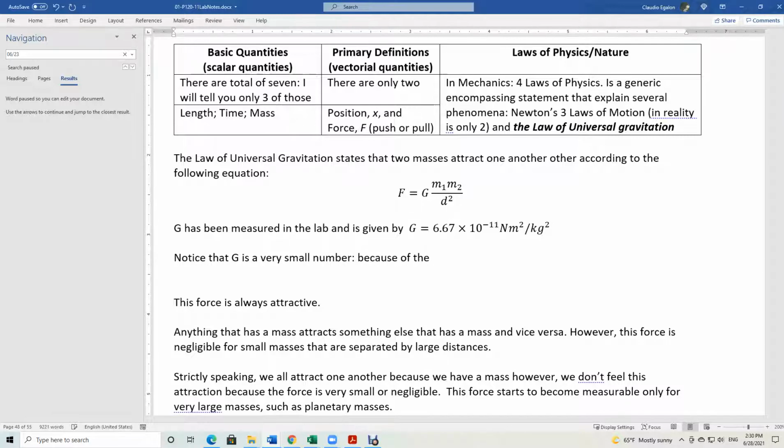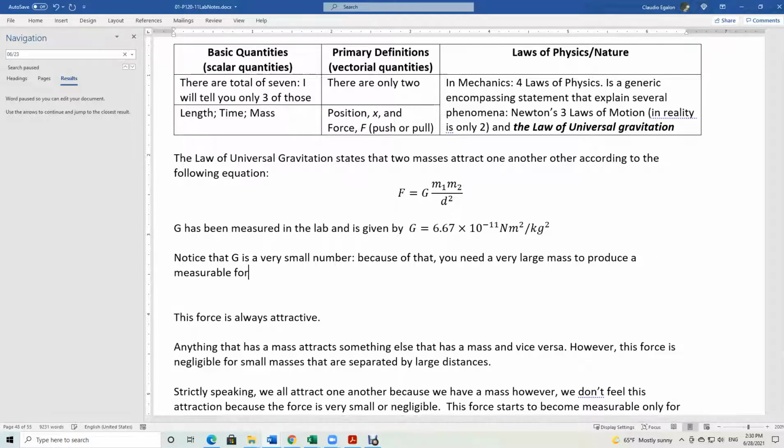Because of that, you need a very large mass to produce a measurable force. Planetary masses, for instance.